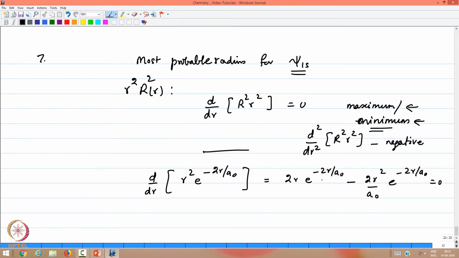Since the exponential is never 0 except for infinite value of r, what you have is r into 1 minus r by a naught equal to 0, which gives you r is equal to a naught, which is the Bohr radius.